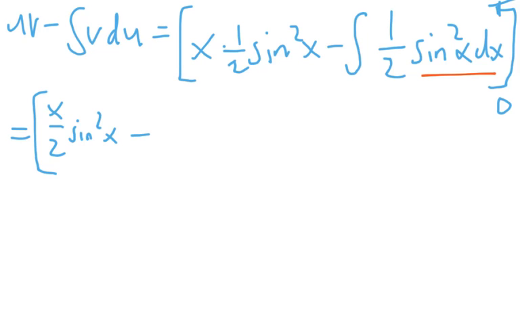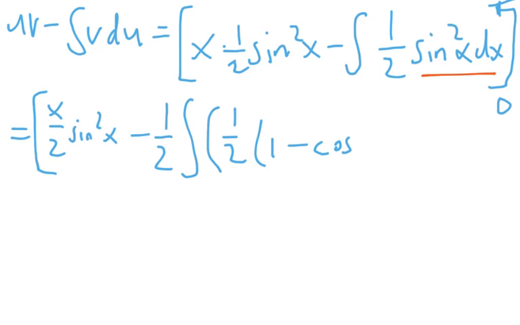So we have this 1/2 out front, and then we have the integral. The trig identity says this is equal to 1/2 times 1 minus cosine 2x dx. And again, this is all going to be from 0 to pi, we'll plug in at the end.